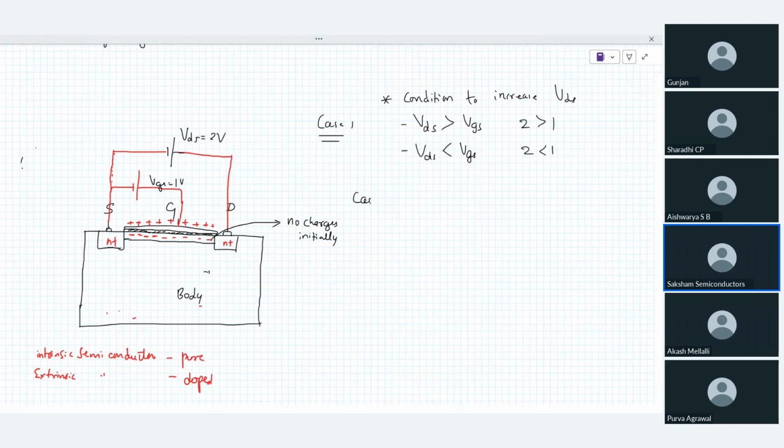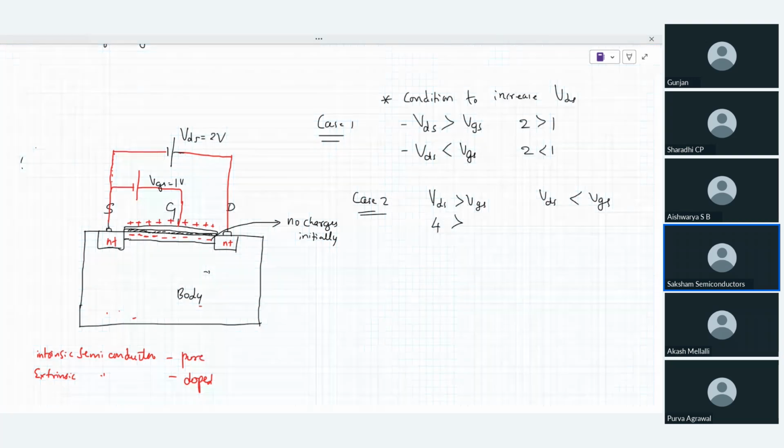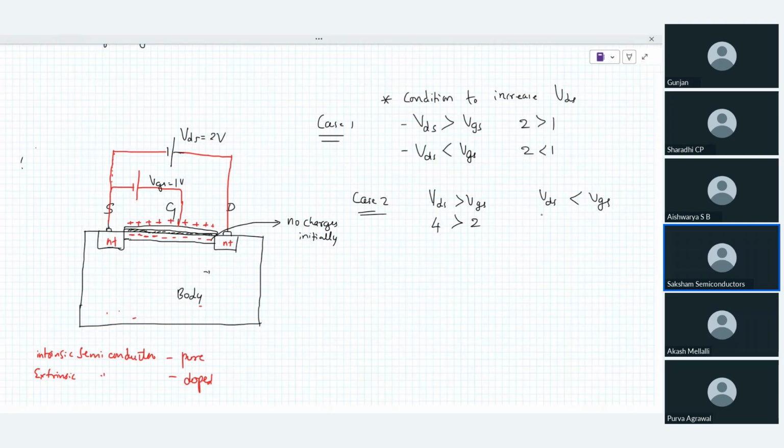I'm going to consider another case. Let's say that VDS is greater than VGS and VDS less than VGS. I'm going to consider 4 volt greater than, let's say that VGS is 2 volts, and this is, let's say, 1 volt, and it is less than VGS, which is 2 volt.